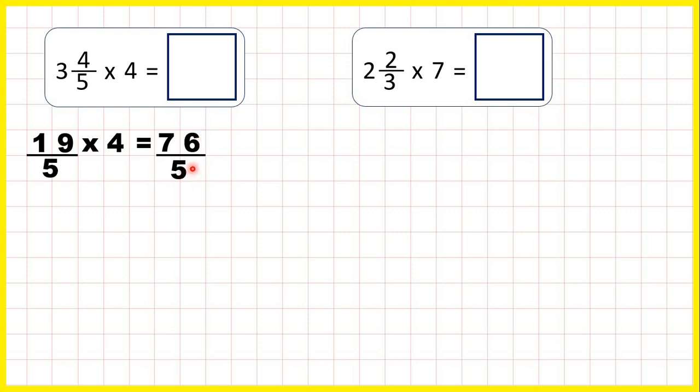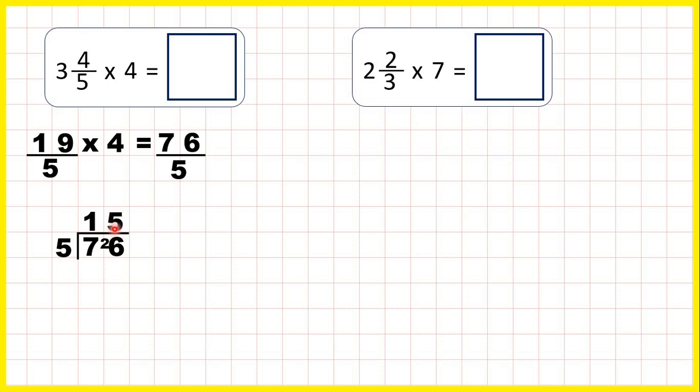Now in some test papers, you can just write 76 over 5 as your answer, but if we want to change that back into a mixed number, we need to remember that we can do that by dividing, because a fraction is really a division. So we can work out 76 divided by 5. 7 divided by 5 is 1 remainder 2, and 26 divided by 5 is 5 remainder 1.